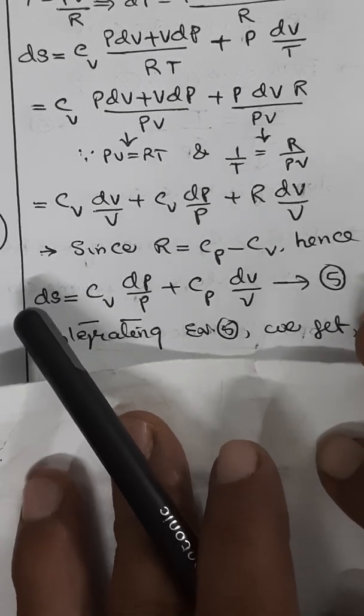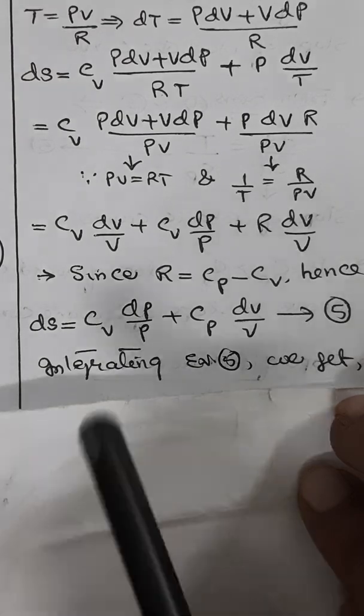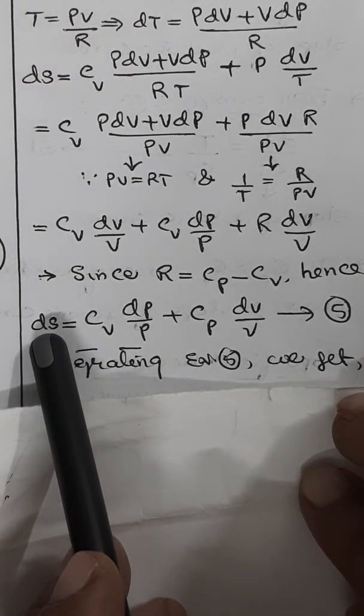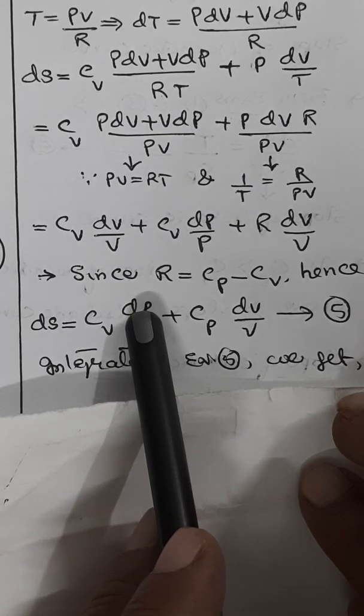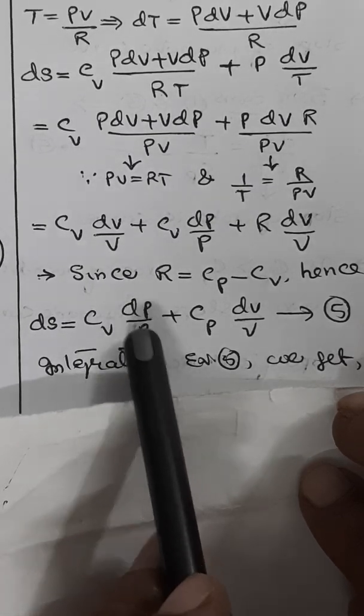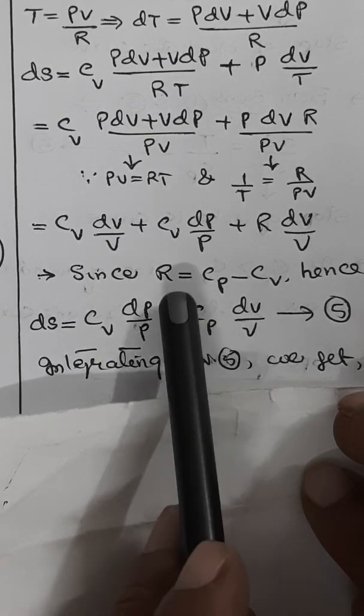So therefore, integrating this equation within the proper limits, we get integral dS within the limits i to f. Again, because it is pressure, it is Pi to Pf, and because it is volume, within the limits Vi to Vf.